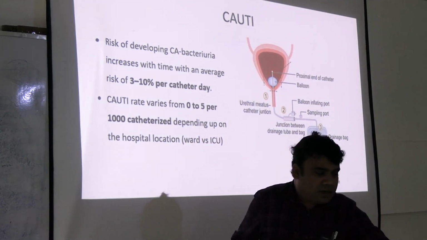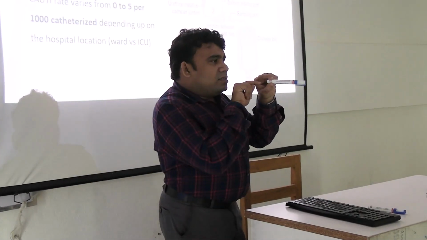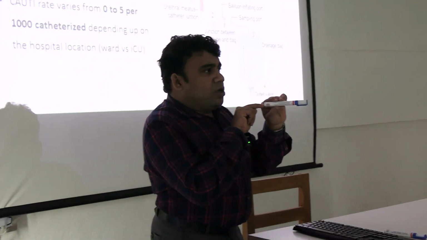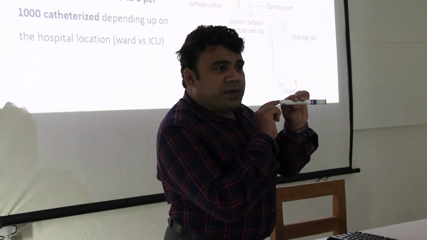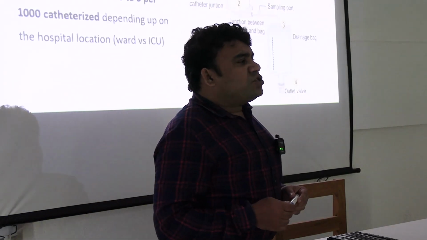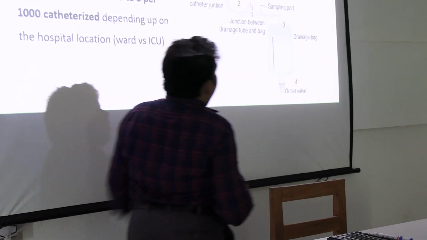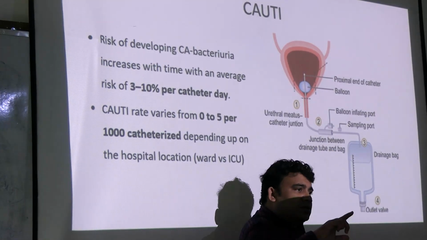Suppose this is the catheter, there is an outer covering and there is an inner covering. If the infection is acquired through the inner, we call it intraluminal, from the lumen. And if it is gained from outside, we call it extraluminal. Now let us consider this fact. Now this is the urethra, right? That means it is covered with skin.